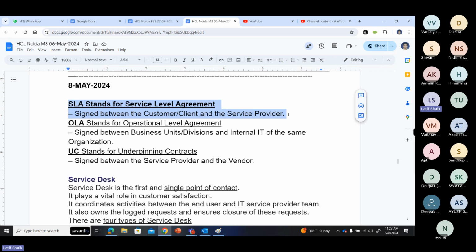What service they are providing, and continuity of service agreement, 100% service availability, 99% service availability, 99% uptime. So all these things come under service level agreement. Response time and resolution times come under service level agreement.